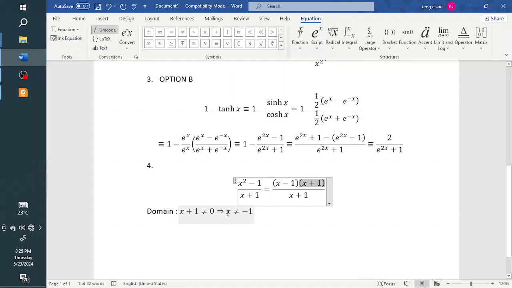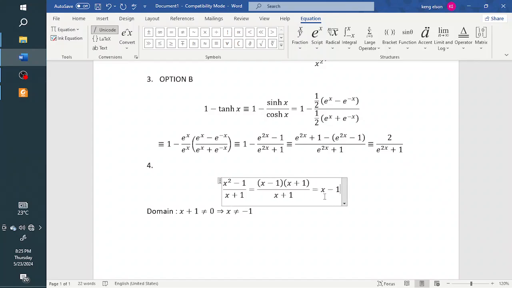So the function is discontinuous at x equal to -1 naturally. But now, because we can cancel out the factors of x plus 1, we have removed that discontinuity, because when we cancel out those factors, we are just left with x minus 1, and this function is continuous everywhere.